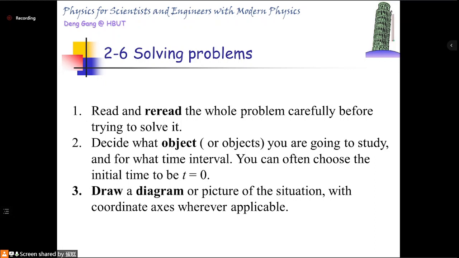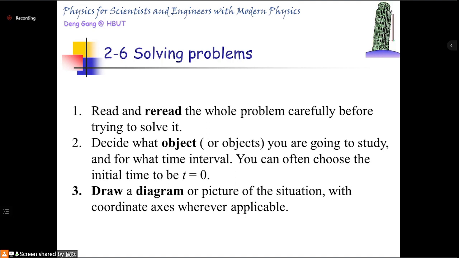We will also draw a diagram or a picture of this situation, and choose the coordinates: the x direction, which direction is positive, which is negative. Because when you deal with quantities like vectors, they have direction and magnitude.